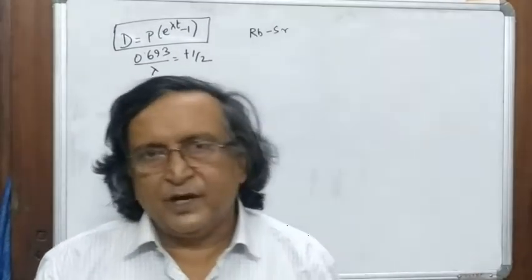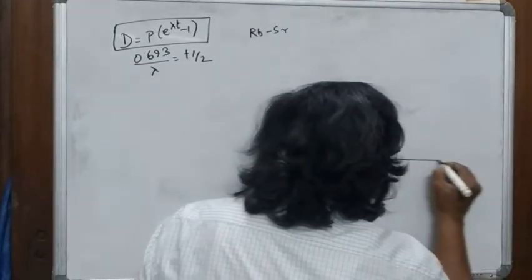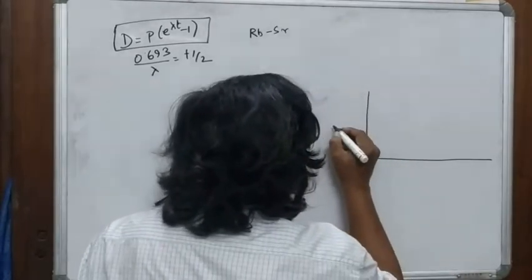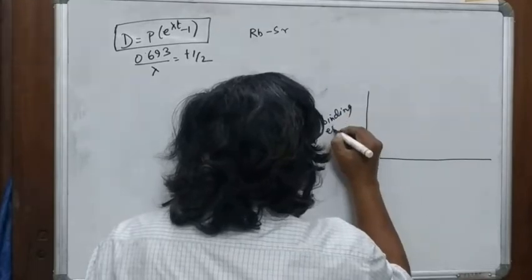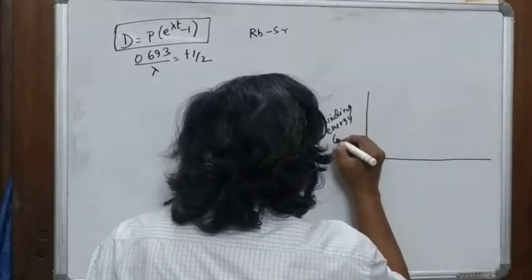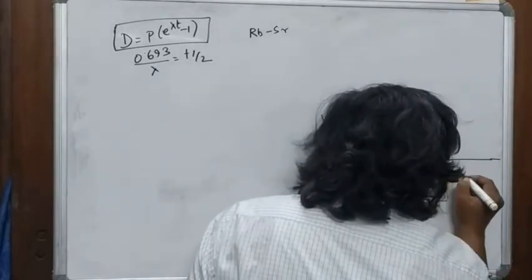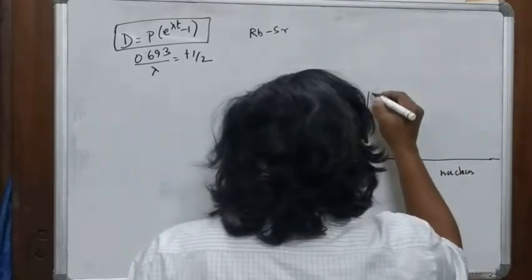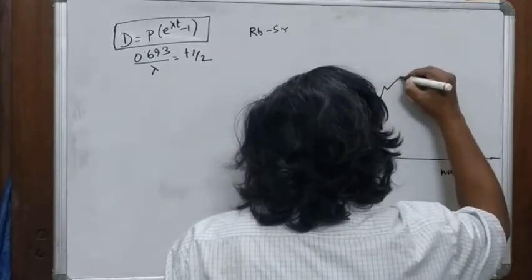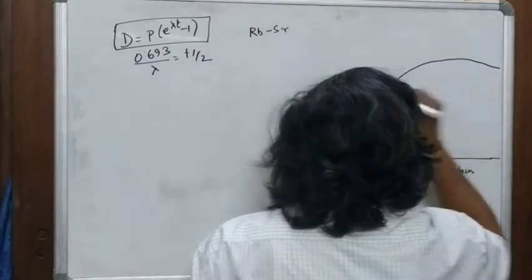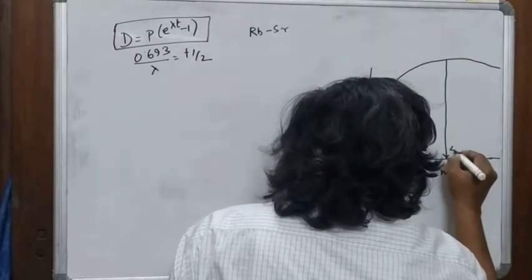They formed in the star because of what is called the binding energy curve. And this is nucleus. Then the binding energy curve is like this. This is the peak at iron 56.